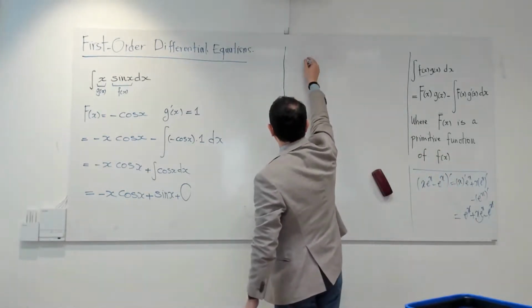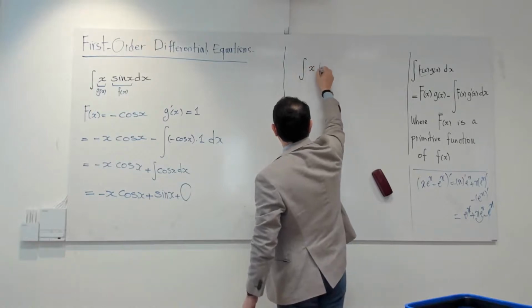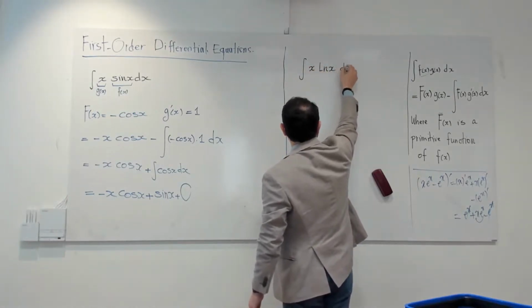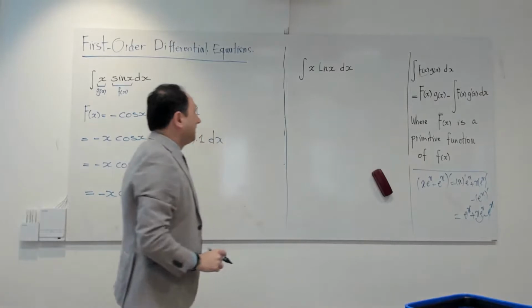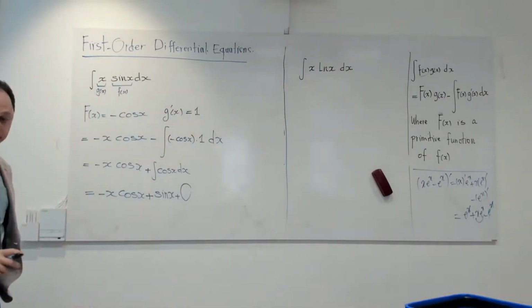So what happens if I want to calculate this? x times ln of x dx. Okay. So what do you think is useful here? Which one to take as F, if it is going to be solved by this method?